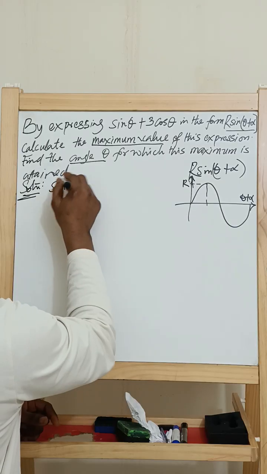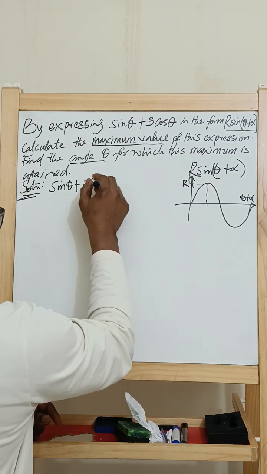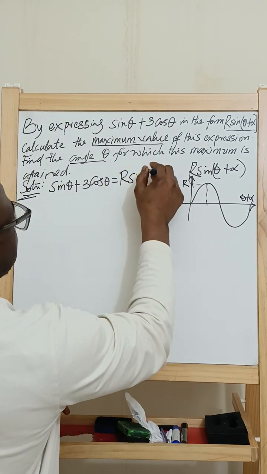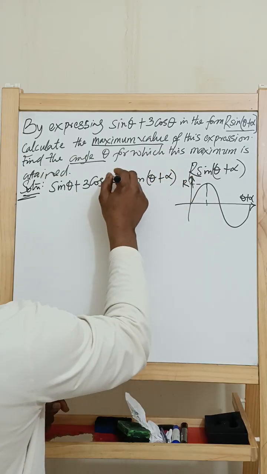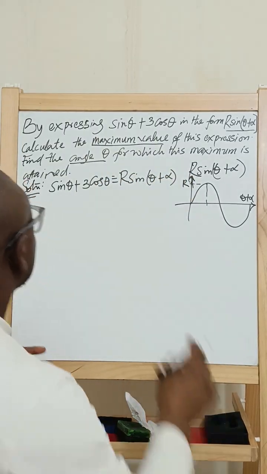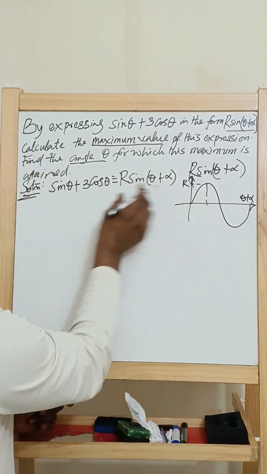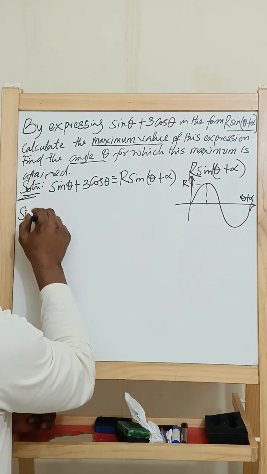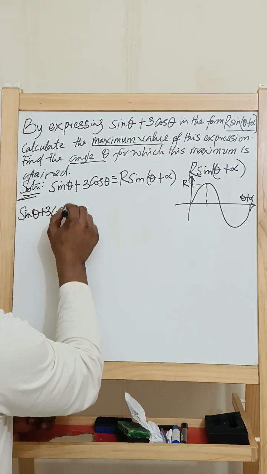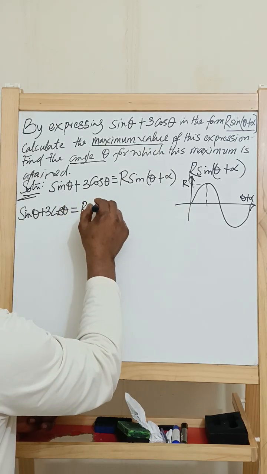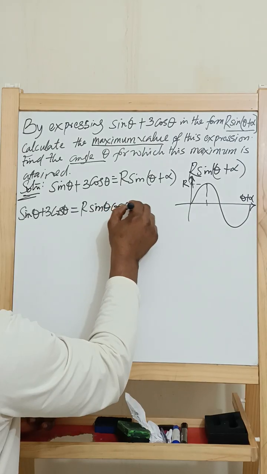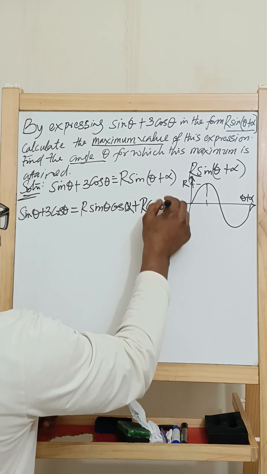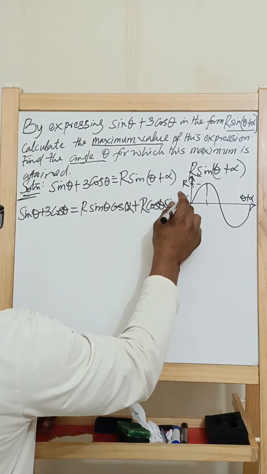We have sine theta plus 3 cos theta equals r sine of theta plus alpha. That's the equivalence. Now, if we expand this using our compound formula, we have sine theta plus 3 cos theta equals r sine theta cos alpha plus r cos theta sine alpha.